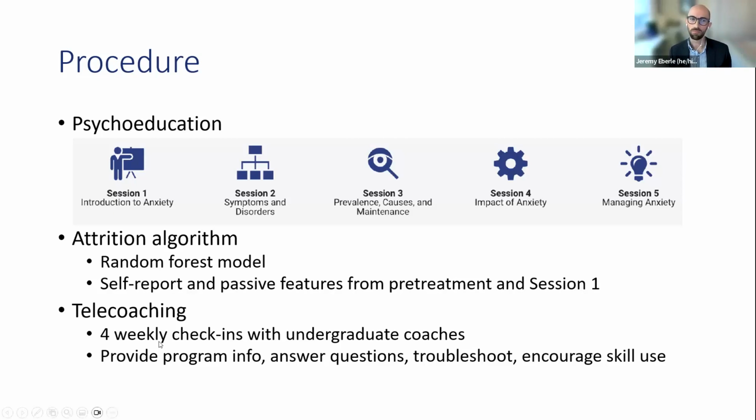And then, as I mentioned, the telecoaching protocol was designed to provide information about the intervention, answer questions, troubleshoot any technical issues, and encourage skills use from the intervention in participants' daily lives to help with this sort of transfer outside of the intervention session.